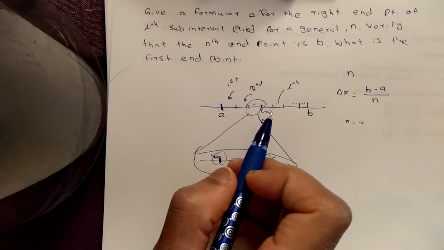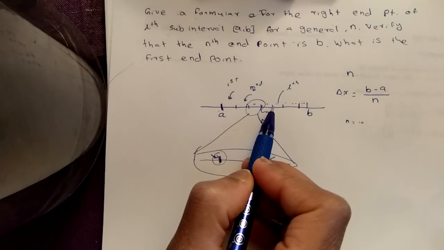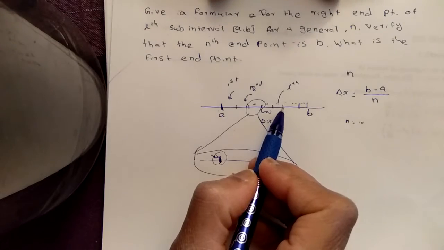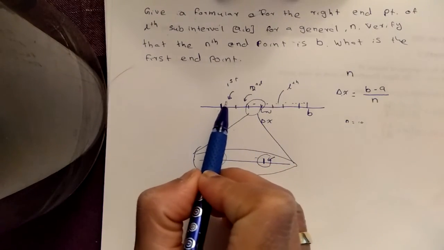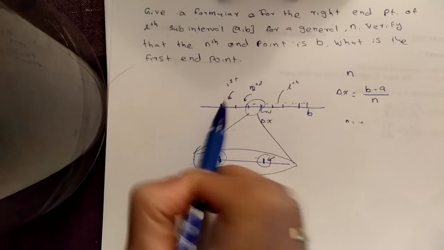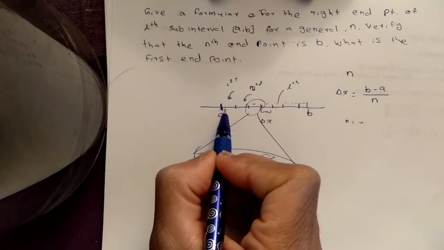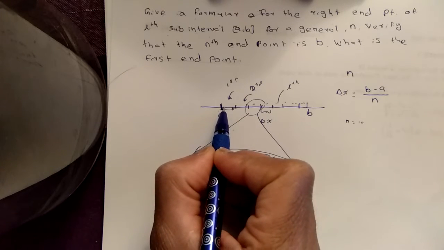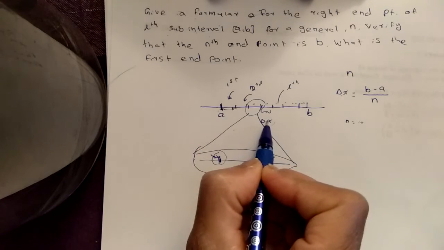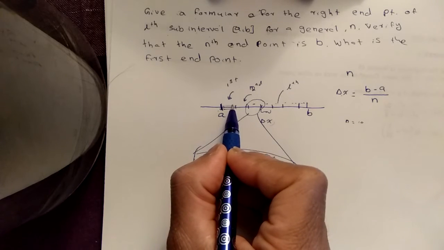How are we going to determine the position of this right endpoint? Let's see whether we can come up with a general solution for that. When the left endpoint is A, in order to reach this first landmark, we should travel a distance delta x, because delta x is the length of a subinterval.